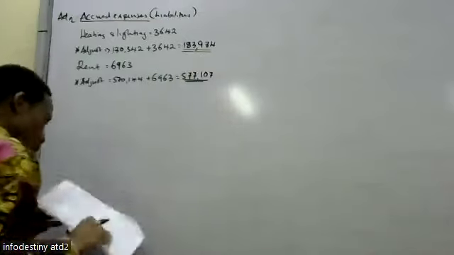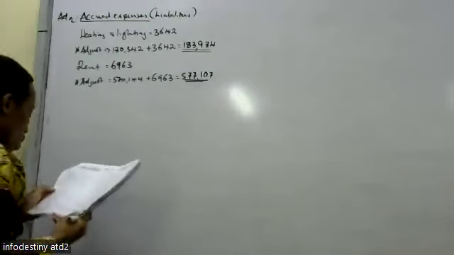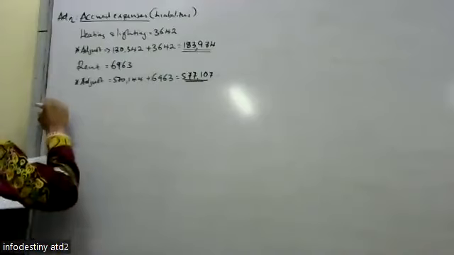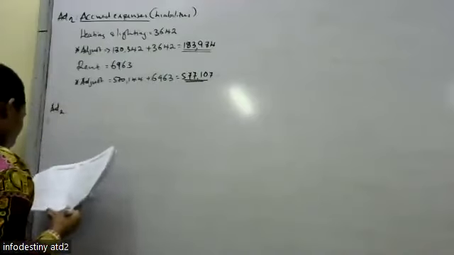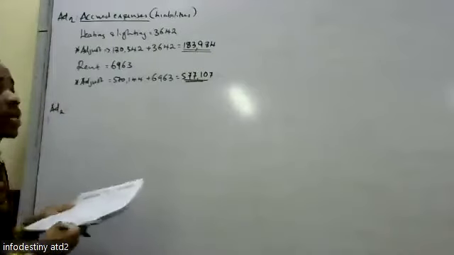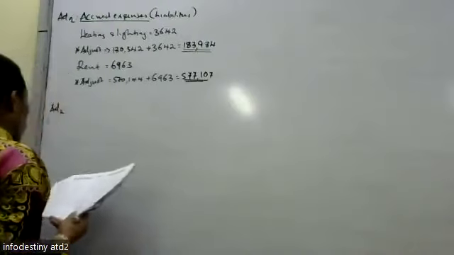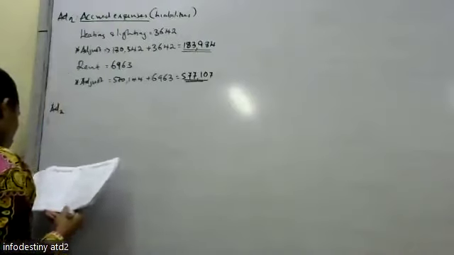Then we go to information number 2, we have the prepaid expenses. Prepayments, they are current assets. They are current assets, and we adjust them by deducting them from the amount given as the balance at the end of the year.